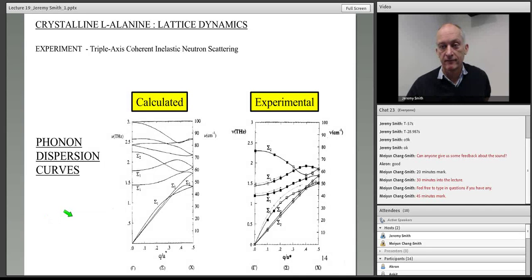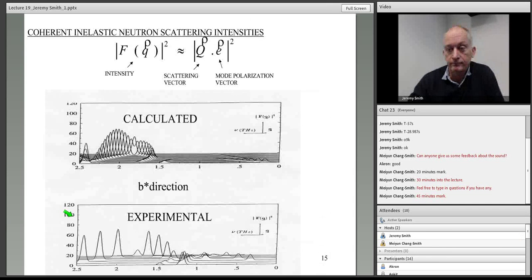Yeah? So that's inelastic. It's called triple axis coherent inelastic neutron scattering. It's very powerful for looking at correlated motions, collective motions between molecules in a crystal. You remember I said before, amplitudes are easy to calculate.